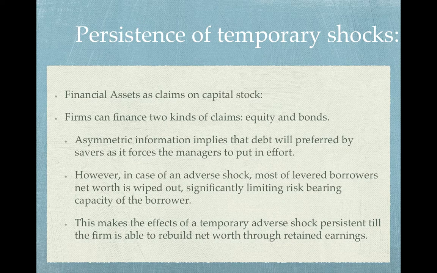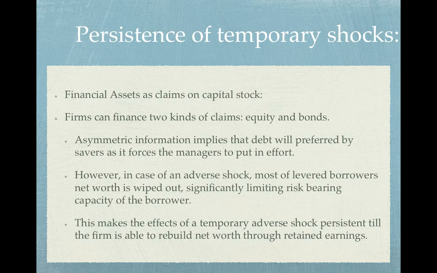So, what do we know about financial assets as claims on capital stock? Firms can finance two kinds of claims. For example, they could issue equity or they could issue bonds. Asymmetric information implies that debt will be preferred by savers as it forces the managers to put in effort.